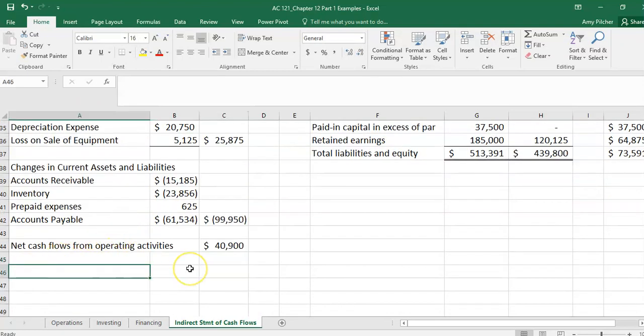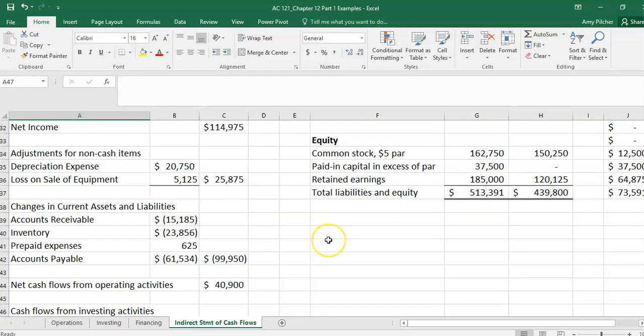Now we're ready to prepare the investing section. So cash flows from investing activities. Investing activities are our long-term assets: property, plant, and equipment, intangible assets, and long-term investments.